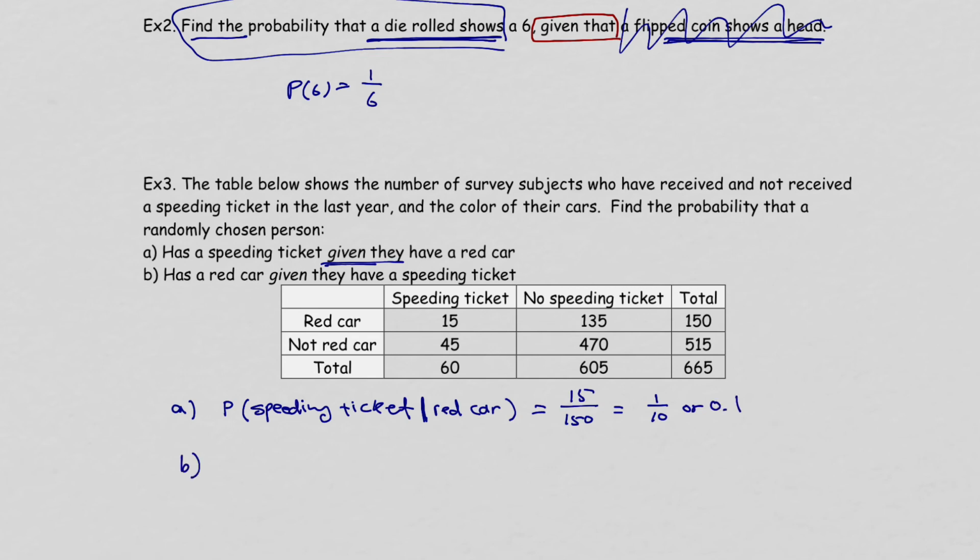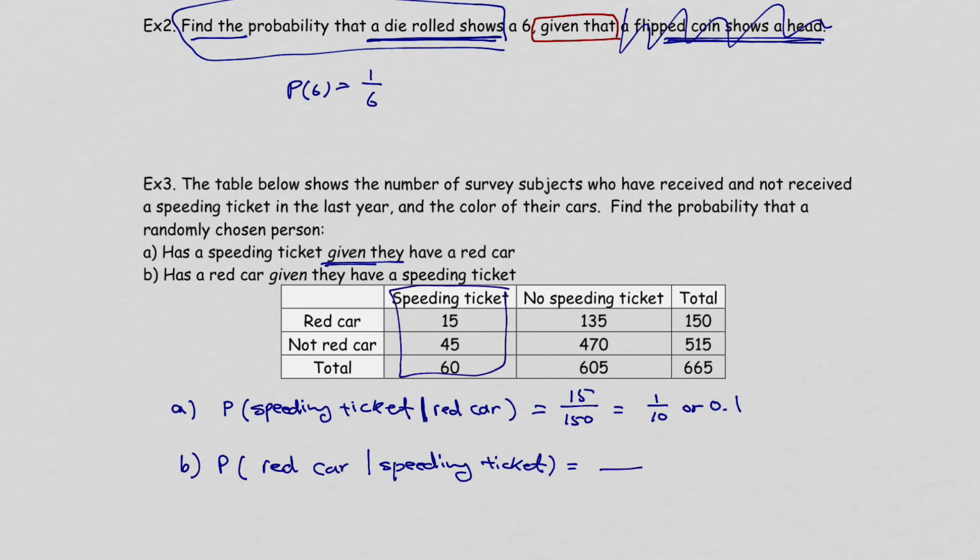What about the second one? It's: has a red car given they have a speeding ticket. So red car given speeding ticket. For this one, your total has to be speeding tickets. The total of the speeding tickets is going to be this, right?